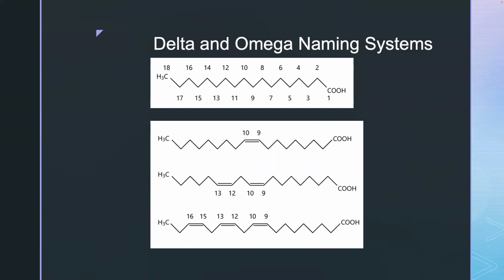So 18 is the number of carbons and 0 is the number of double bonds. Again, in that top example, we do not have any double bonds, and so that is why we have a 0 instead of a number.